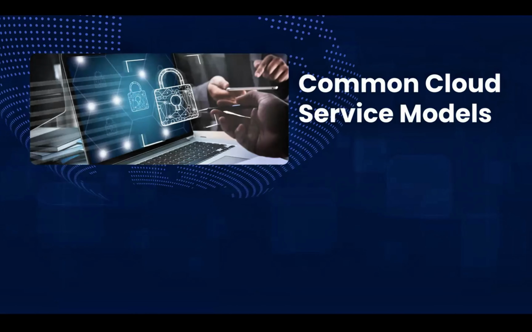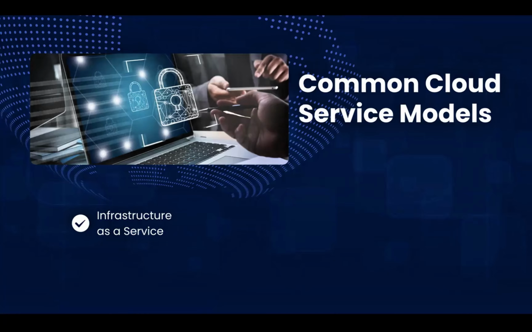What are the common cloud service models? We have different cloud service models with different responsibilities. The first one is infrastructure as a service. Infrastructure as a service can also be called the digital scaffolding because it replaces on-premise hardware with virtualized, cloud-hosted, and on-demand resources.